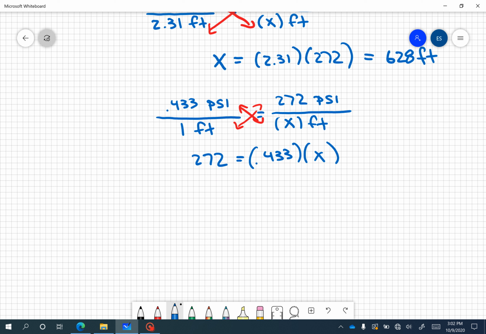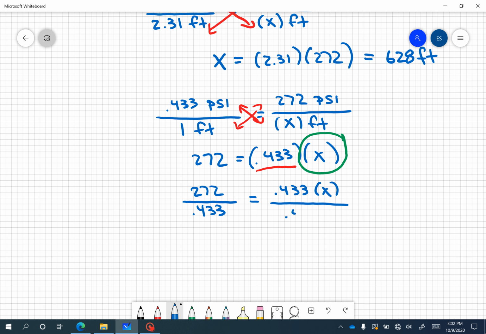Now if we want to get our unknown on one side of the equation, what do we have to do? We have to divide both sides of the equation by that number there, and that will get our unknown, or x, by itself. So let's do that. 272 divided by 0.433, and remember we have to do it to both sides of the equation, equals 0.433 times x divided by 0.433.